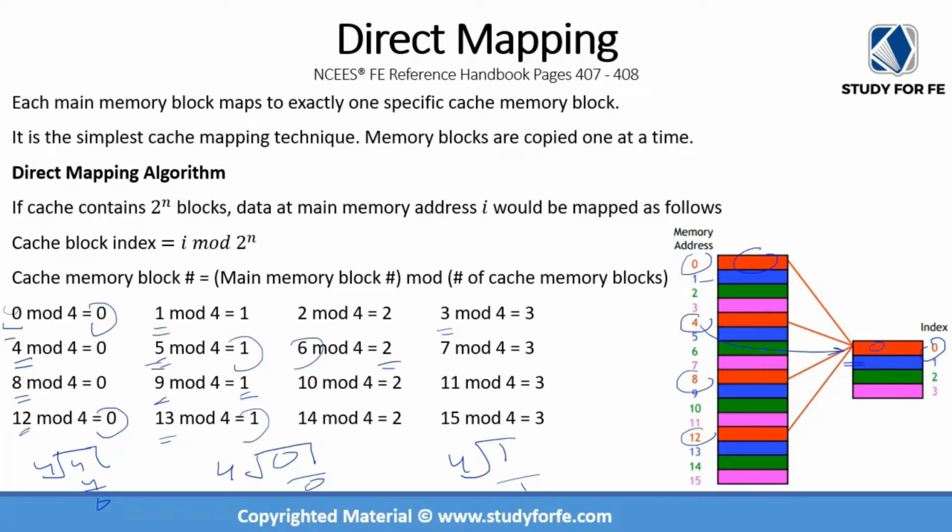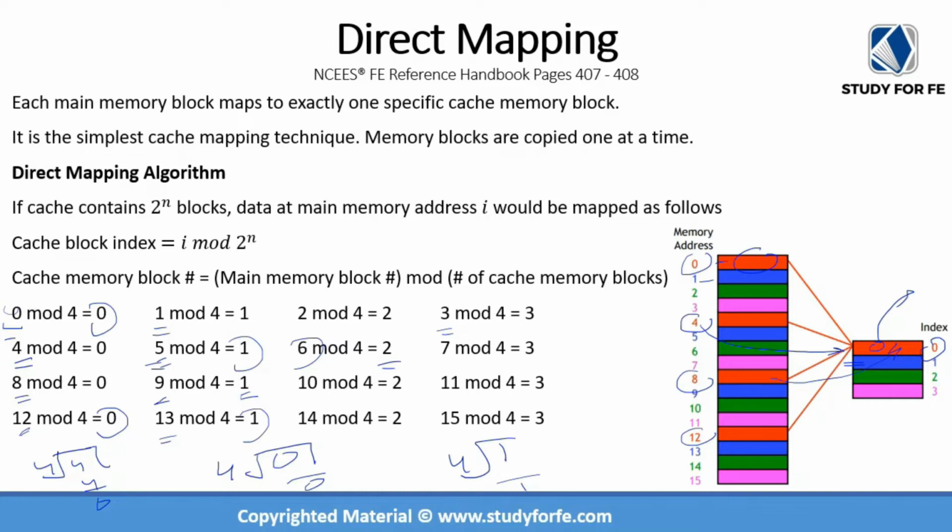So if memory block 0 from the main memory was sitting here previously, we will just kick it out and bring 4 in. And now if you want to copy 8, then we will kick 4 out and bring 8 in, and so on and so forth. At any given time, only one memory block can reside in cache at that particular location. But the idea is that we exactly know where each memory block in the main memory is going to go into cache.